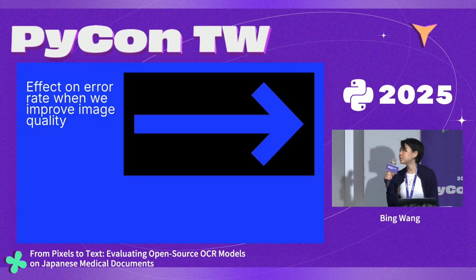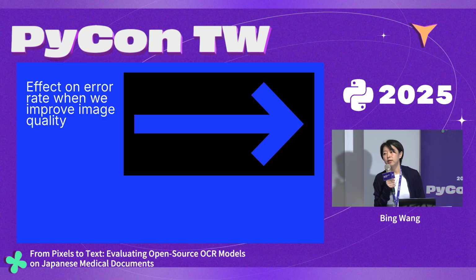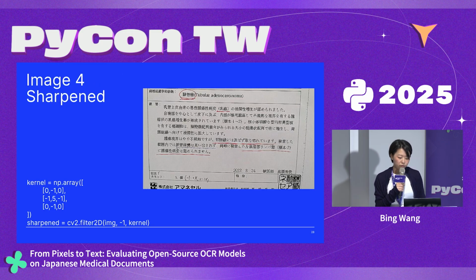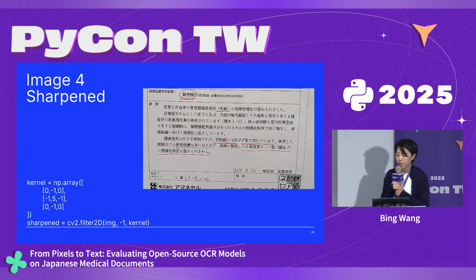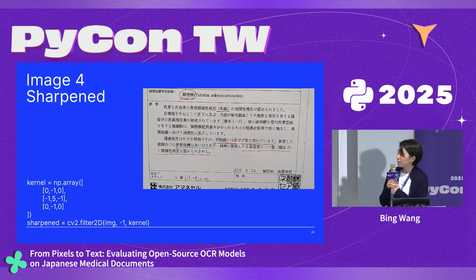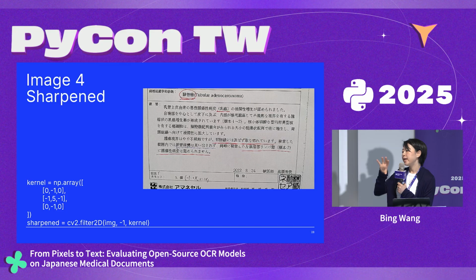Okay, next, as we know, for OCR technologies, image quality matters. So we applied a couple of techniques to help improve the quality of the image and see if it helped reduce the error rate. The first method I'm using here is sharpen. It's a pretty simple algorithm. We apply a kernel.